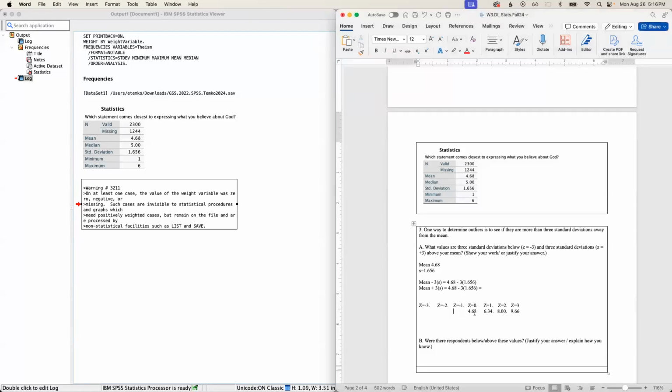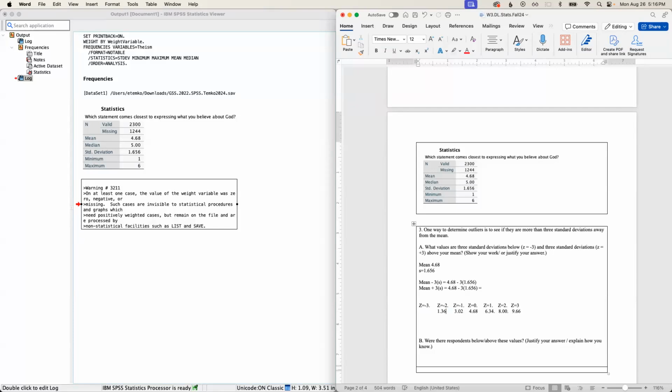And again, I can do the same thing in the other direction. So I have my mean. I'm going down 1 standard deviation. So 1 standard deviation below, that's 4.68 minus 1.66. Then subtract it again to get to 2 below. So 3.02 minus 1.66 is 1.36.